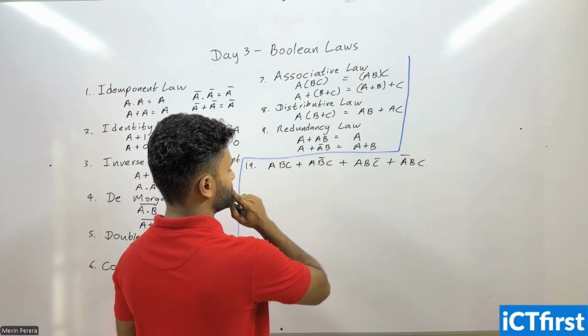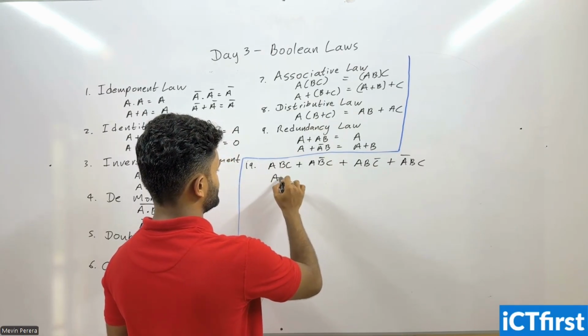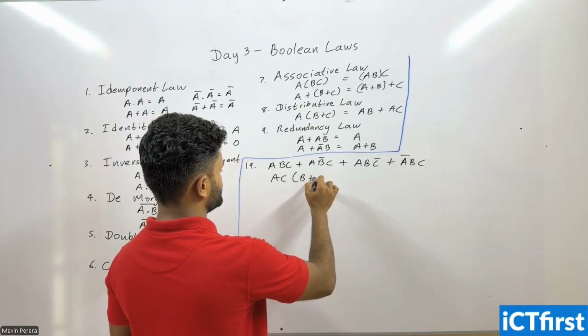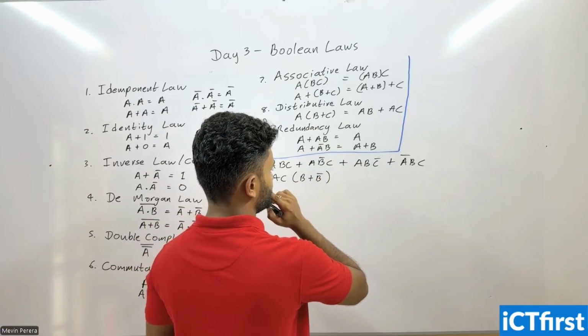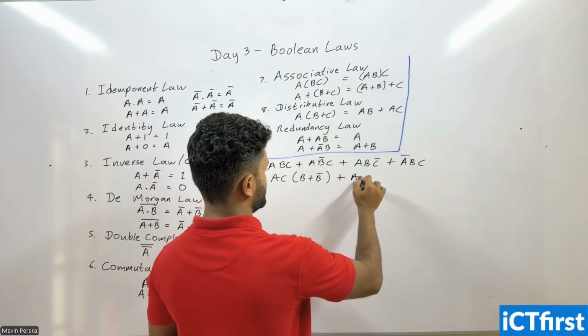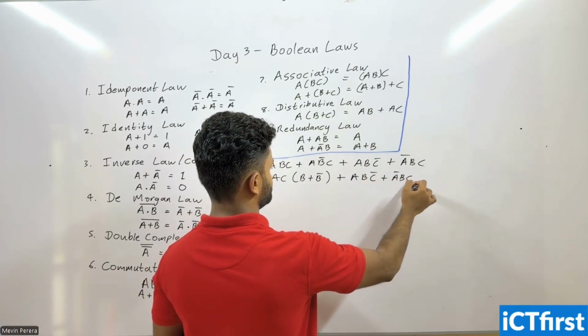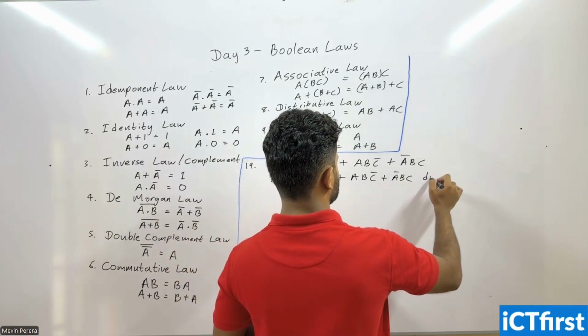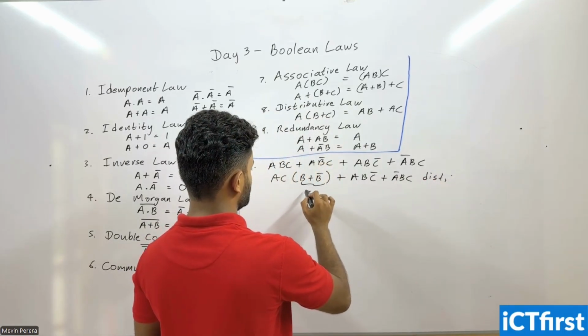Here I can take AC out, B plus B bar. This is distributive, and this becomes 1.